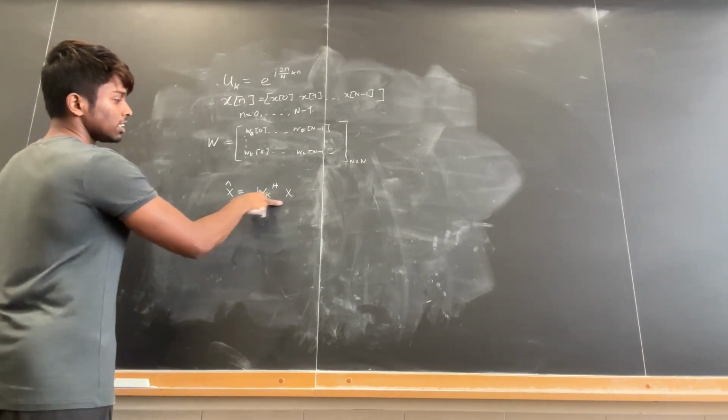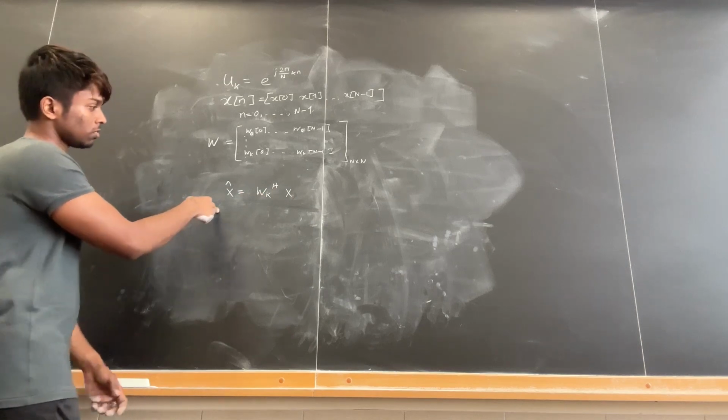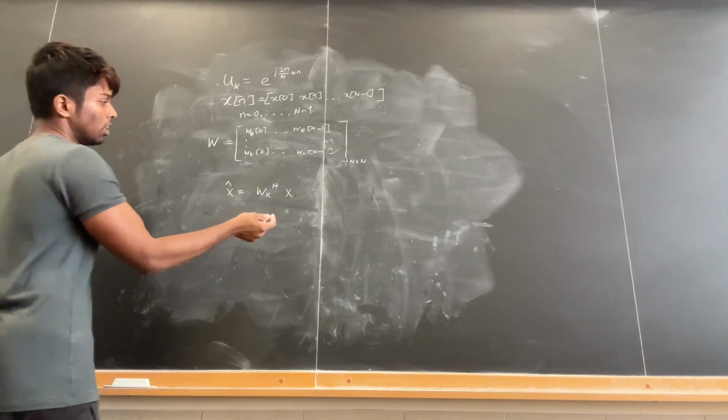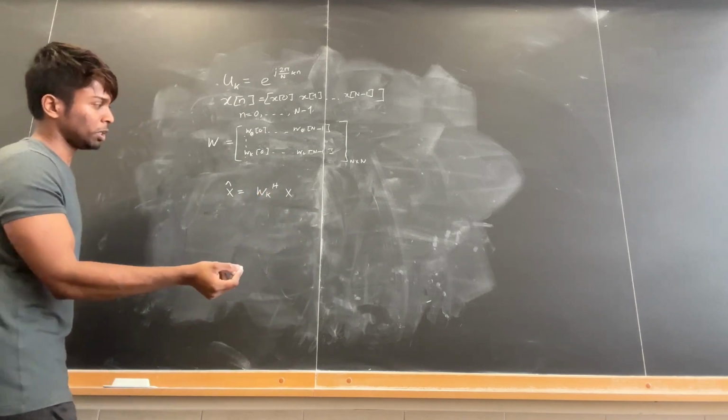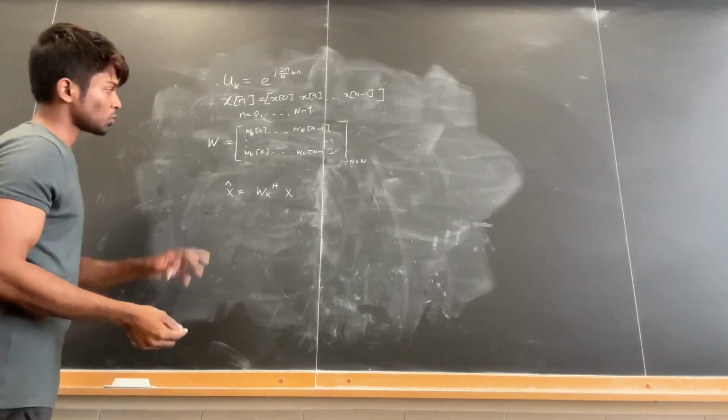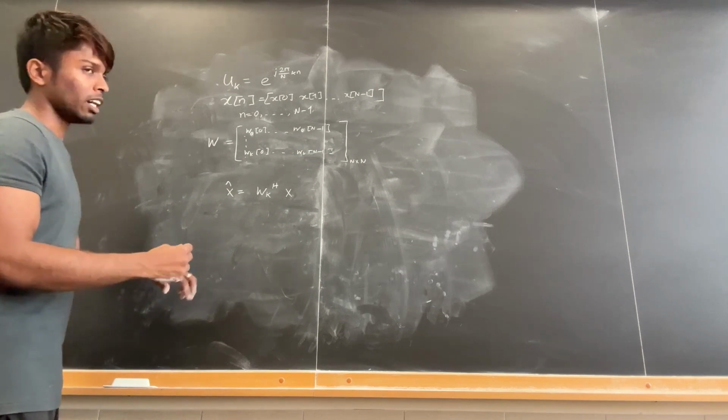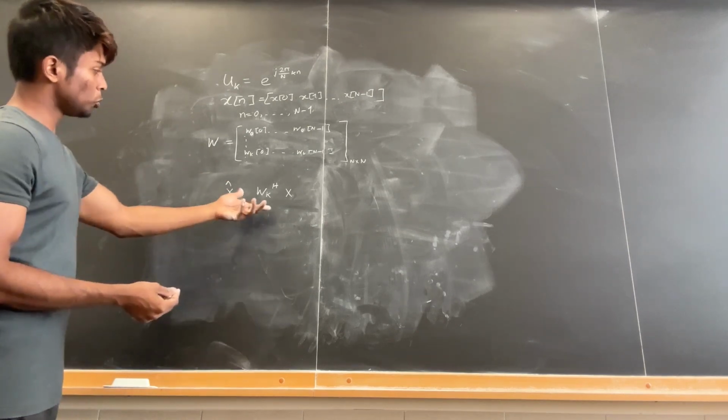So this basically is the inner product in matrix notation. What is a Hermitian here? H for Hermitian. So it's a Hermitian matrix of the basis matrix. So the basis matrix is Wk and the Hermitian matrix of Wk is Wk^H.